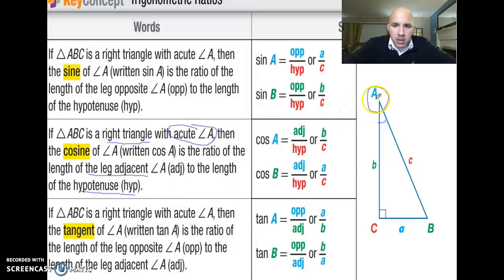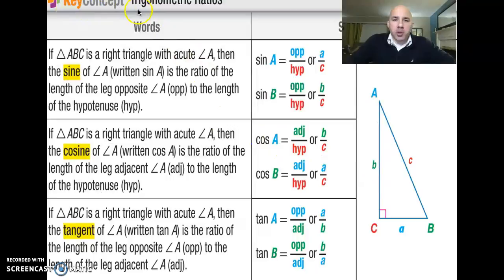So here goes my angle A, and this would be my adjacent. And this would be my hypotenuse, across from the right angle. Cosine A is adjacent over hypotenuse. That is the trig ratio for cosine A.